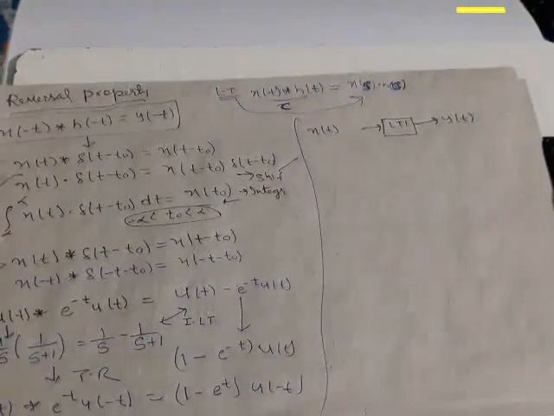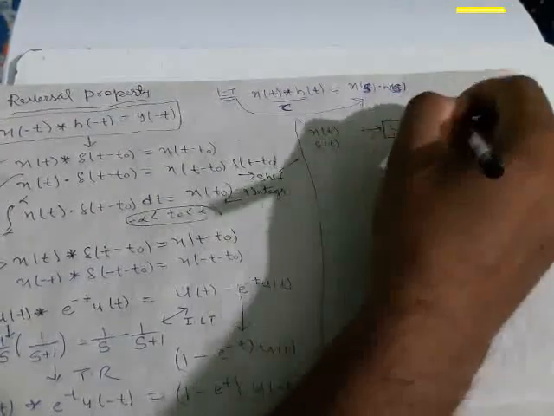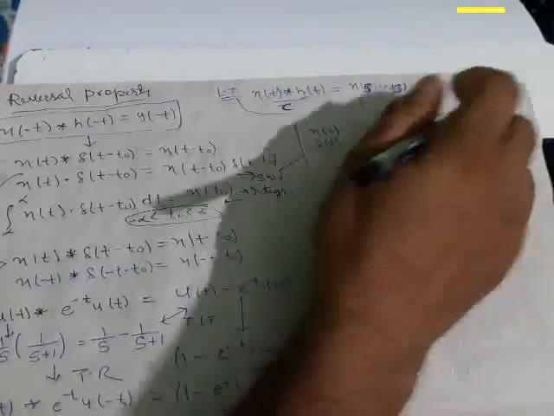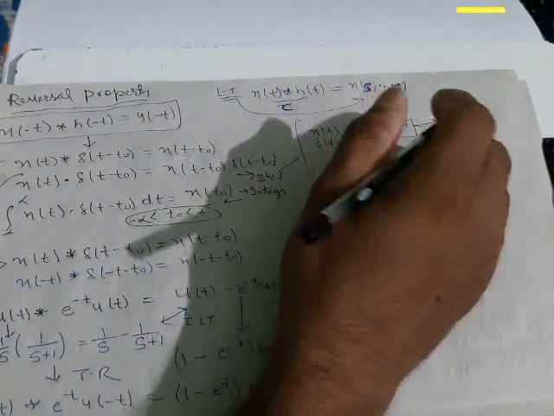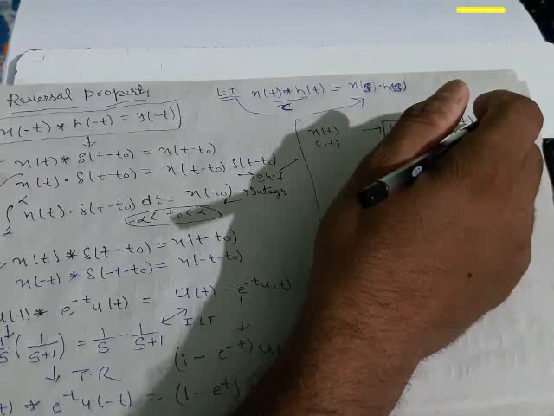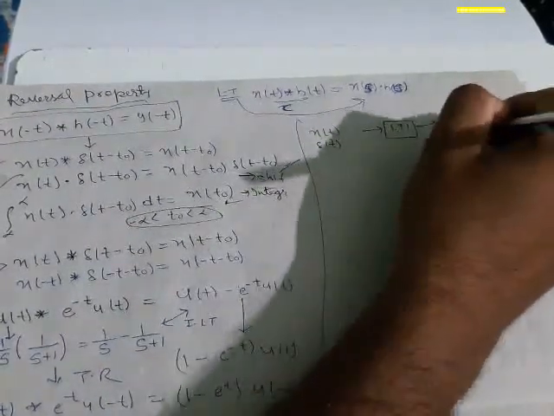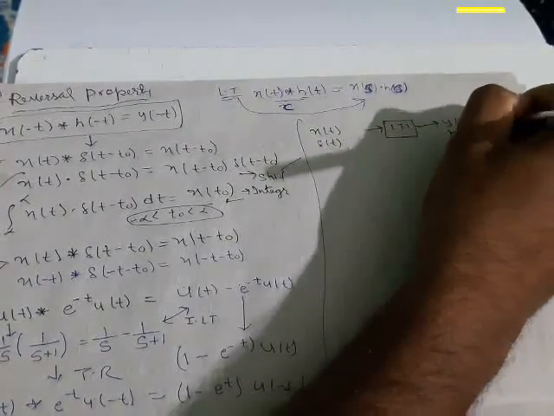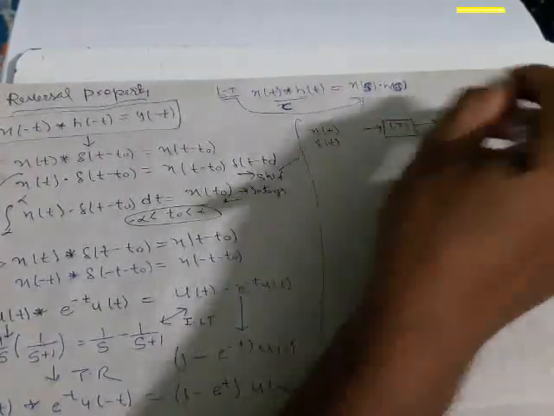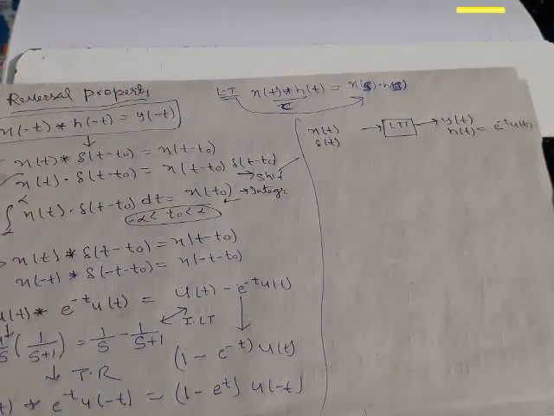So if x1 of t minus x1 of t minus 1 is the input, which we suppose is x2 of t, then y2 will be nothing but y1 of t minus y1 of t minus 1.